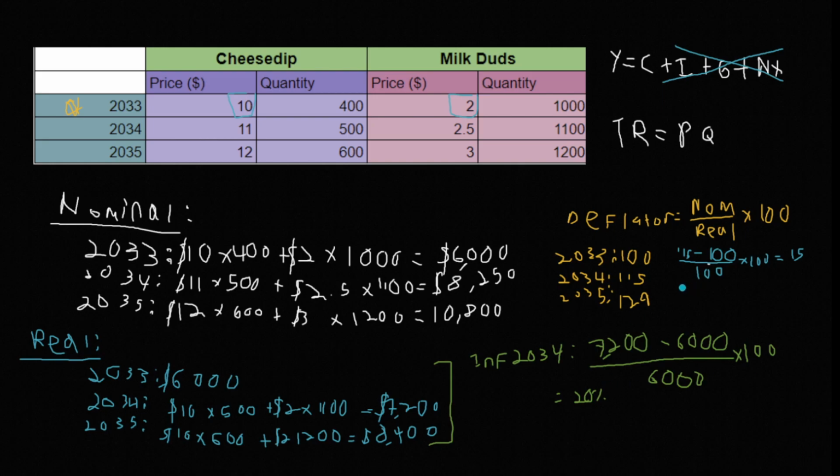And then if we do the same thing for here, 129 minus 115 over 115 times 100, that is about 12%.